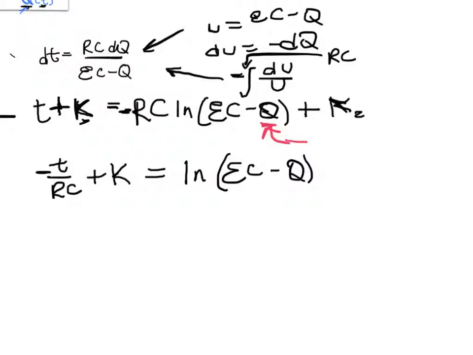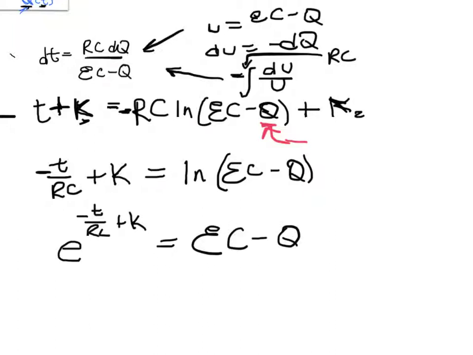And now I'm going to get rid of the ln by exponentiating both sides. So the exponential of negative t over RC plus K is equal to the EMF times the capacitance minus the charge on the capacitor.